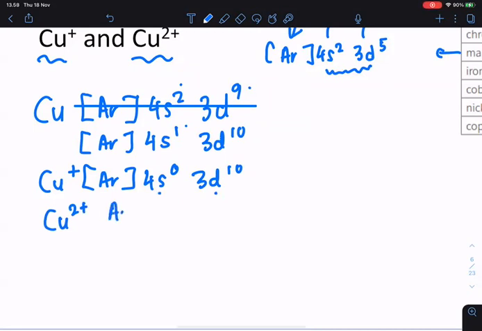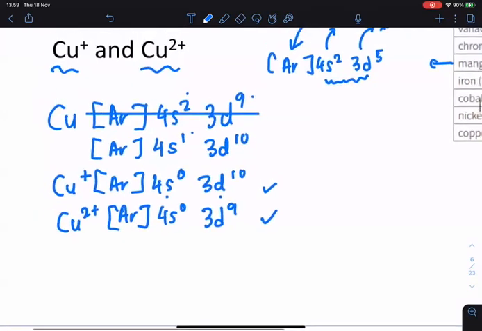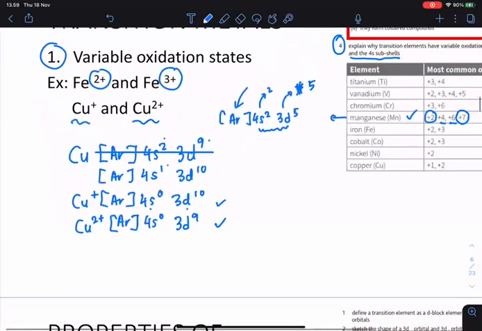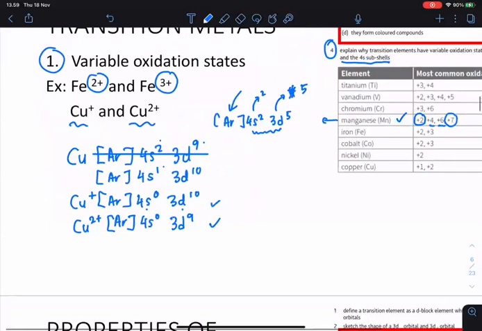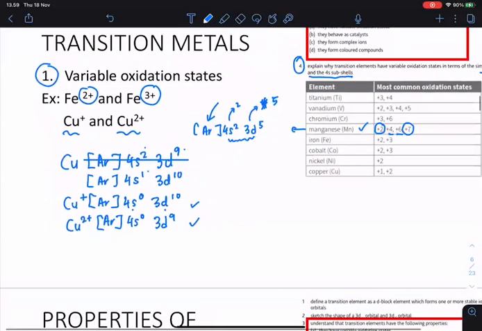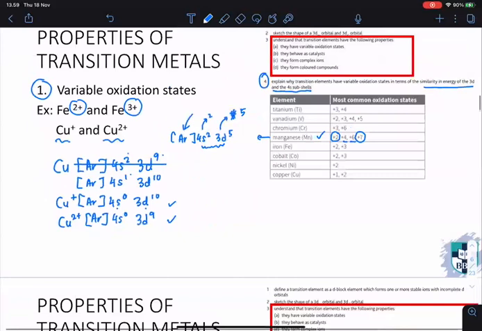You remove another one from 3d, and you get 3d9. This is how you're supposed to write for copper. Please have a look. The reason why we have variation in oxidation state is the similarity in the energy level of the 3d and 4s subshells.